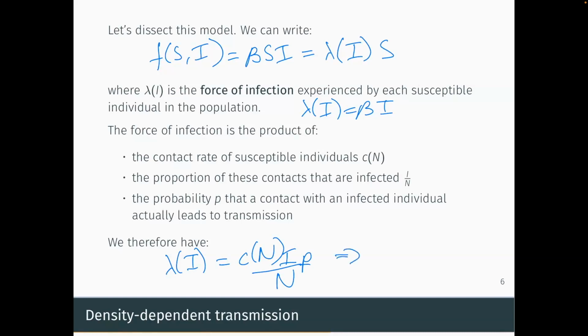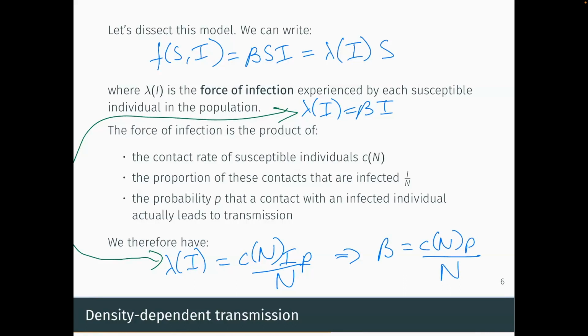So then we can equate these two things here, connected by this green arrow. That means we can write our transmission rate beta as our contact rate times the probability of transmission divided by the population size.